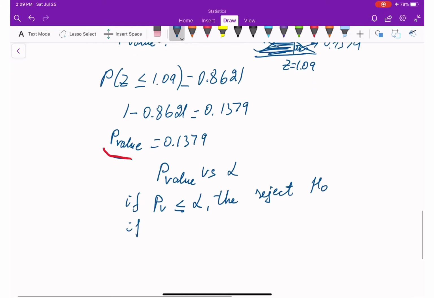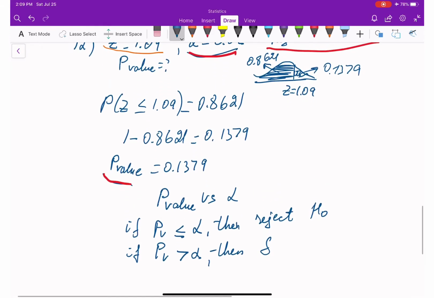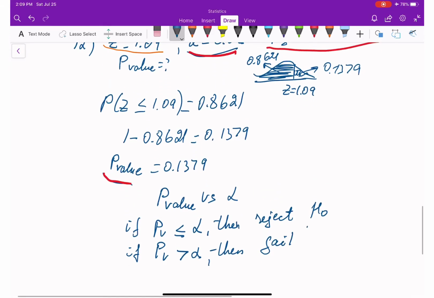If the p-value is greater than alpha, then fail to reject the null hypothesis. Okay?